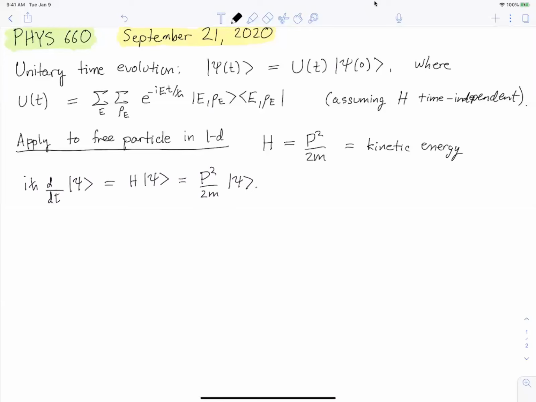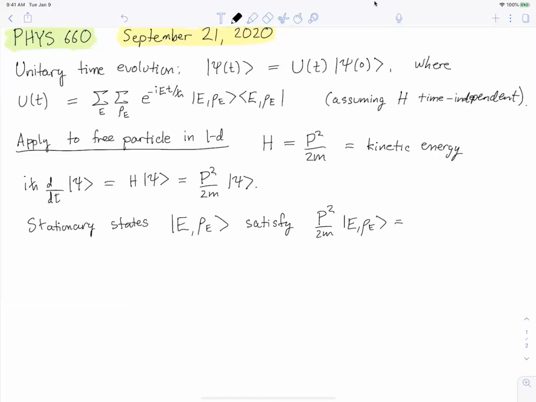To apply the previous unitary time evolution operator formula, we want to find stationary states. Those are the eigenstates of energy. Stationary states are labeled by energy and a degeneracy label, and they satisfy that p squared over 2m acting on them gives back the energy times the same stationary state.